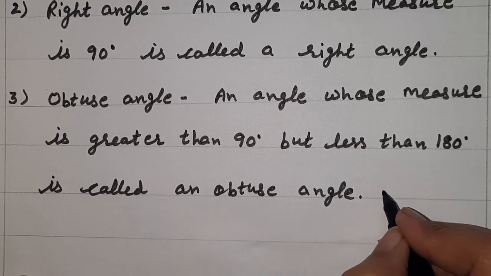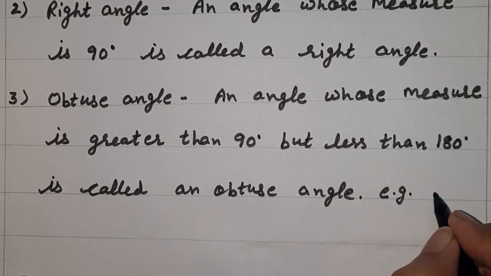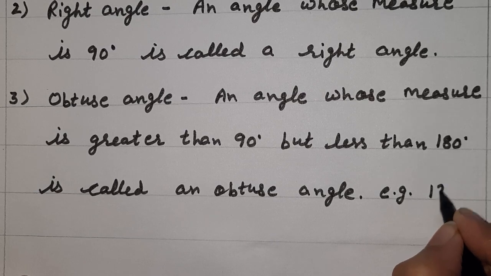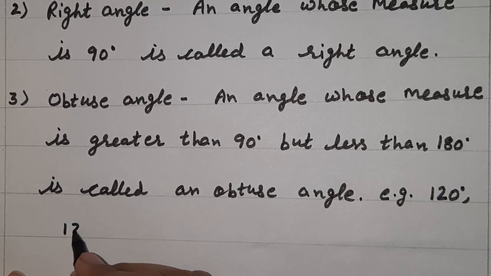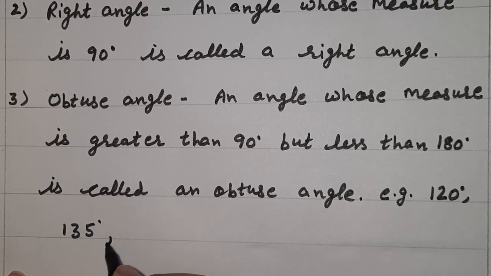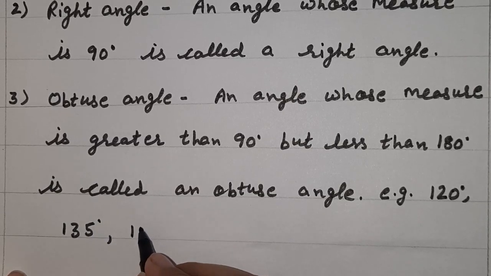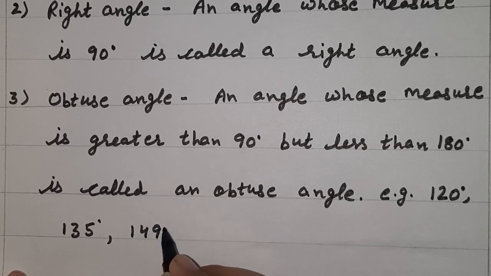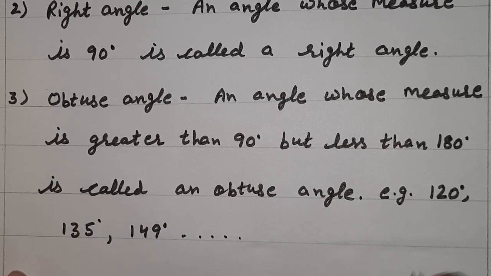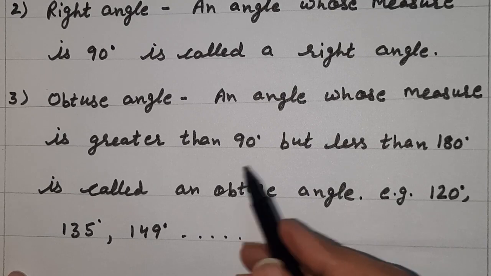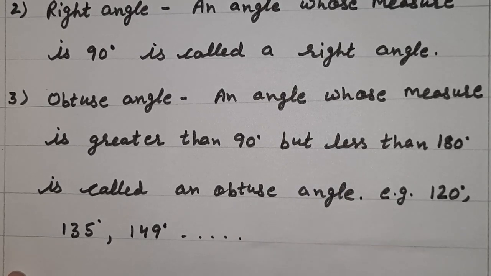For example, 120 degree, 135 degree, 149 degree and so on. जो भी 180 से लेस हैं वो सारे 90 से अबव और 180 से लेस होंगे obtuse angle.